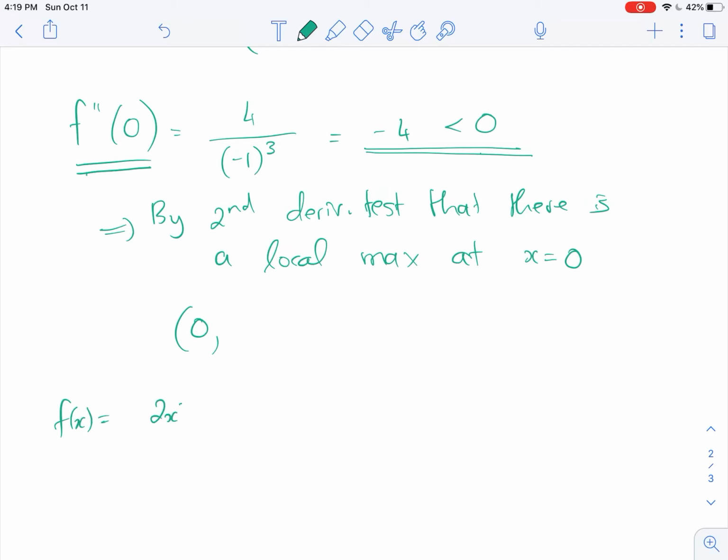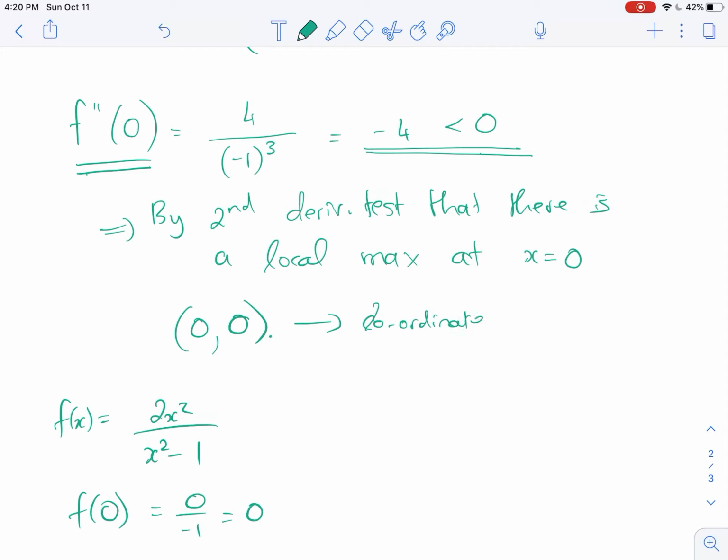So f of x is 2x squared over x squared minus 1. And f of 0 is 0 over minus 1, which is 0. So these are the coordinates of the local maximum point, and there is no local minimum point.